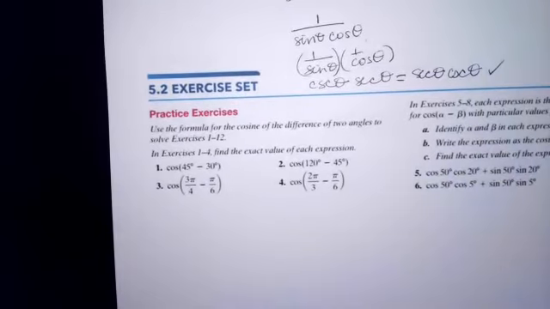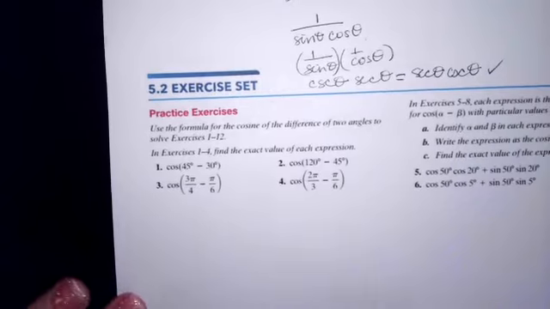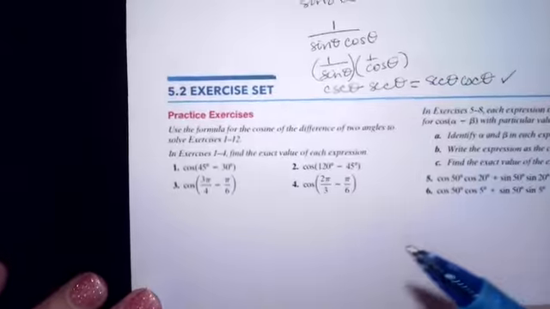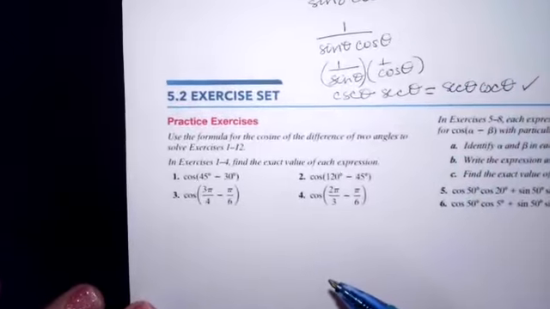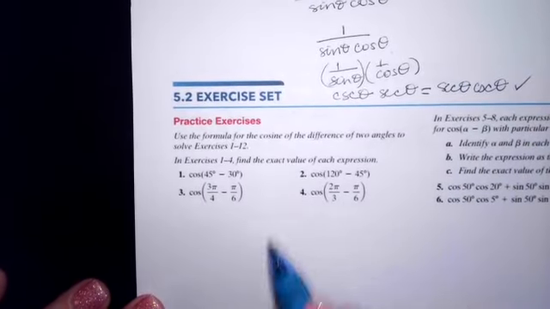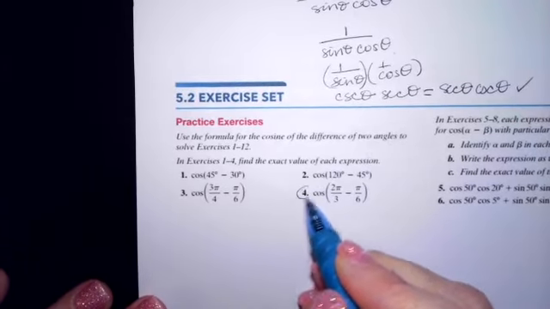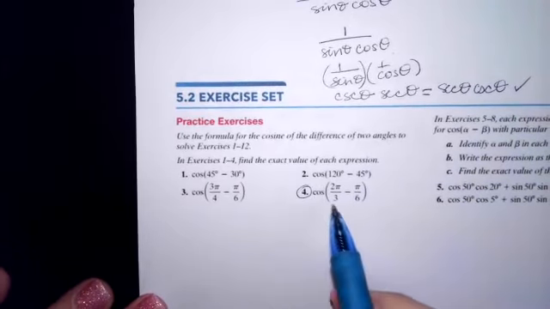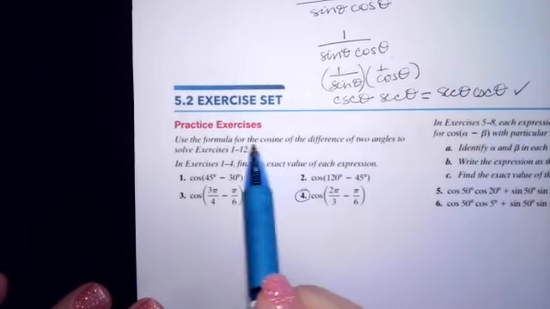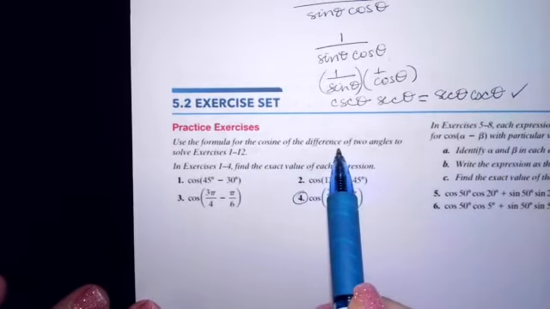Okay, then there's going to be one from 5-2, from the 1 through 4. It really doesn't matter which one I do because they're all similar. So looking at number 4, we have cosine 2 pi over 3 minus pi over 6. So this is a sum or difference identity.